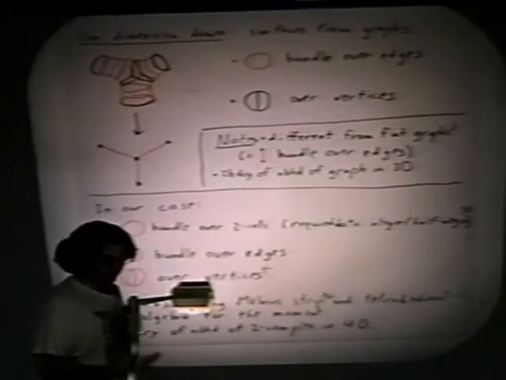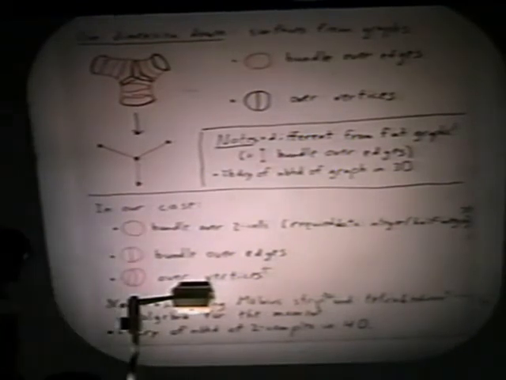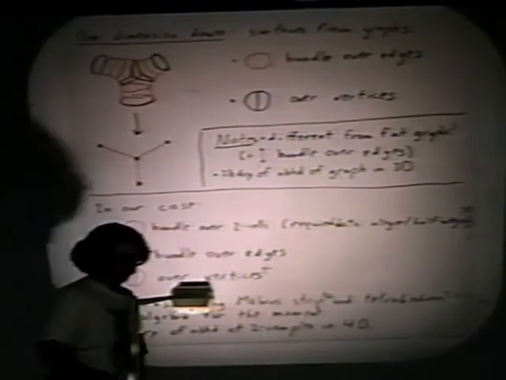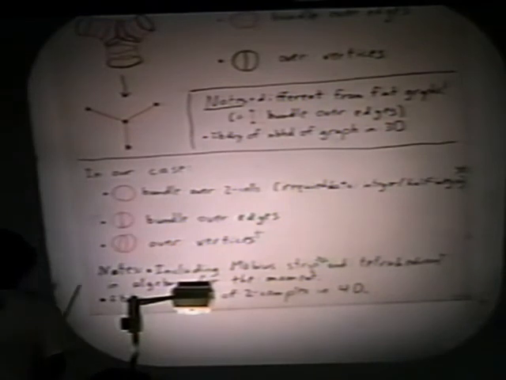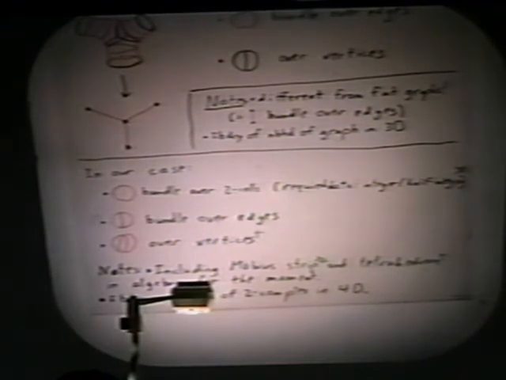We're going to do the same thing with two complexes, except instead of embedding in 3 dimensions, we'll embed them in 4 dimensions. There's one additional little twist, which is that now a circle bundle over it does depend a little bit on the embedding.